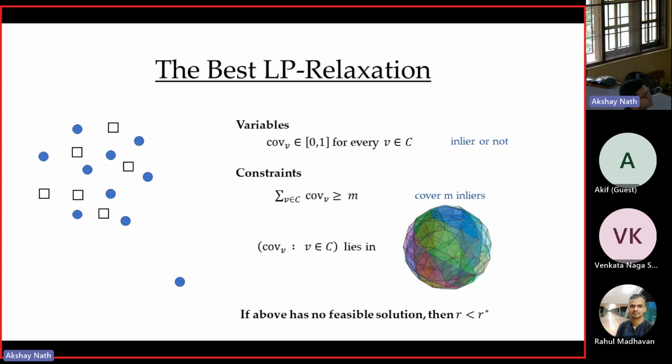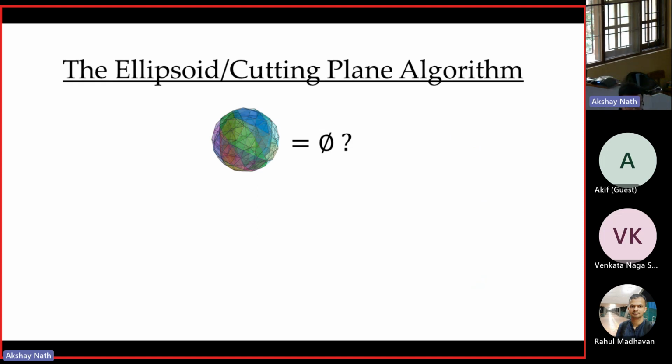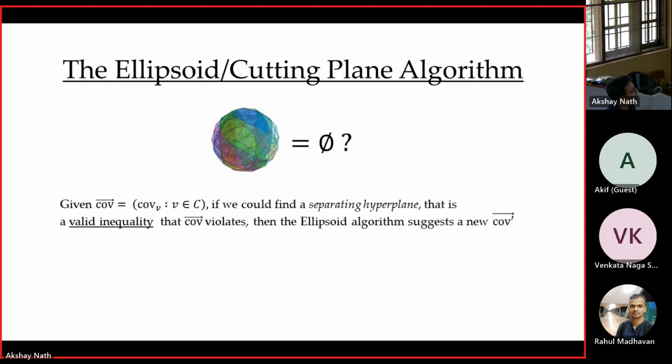There is an algorithm out there which tells me, even if I have lots of constraints, whether a polytope is empty or not, it's the ellipsoid algorithm. And what is the ellipsoid algorithm? Well, it says, even if this has exponentially many constraints, if you have this following ability, that given a point, you could either say it is in this object, or you can separate it from this polytope by a separating hyperplane.